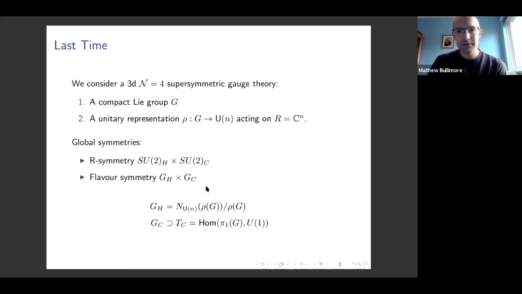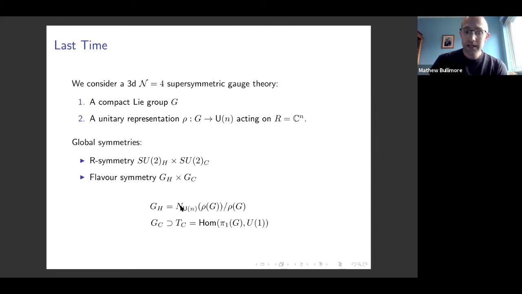There are also global symmetries that commute with the supercharges, and they're called flavor symmetries. That also takes the form of a product, which I call G_Higgs times G_Coulomb, and they depend on the data that defines your theory, on this G and the representation rho.